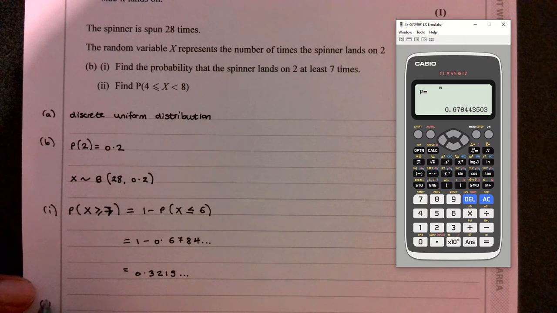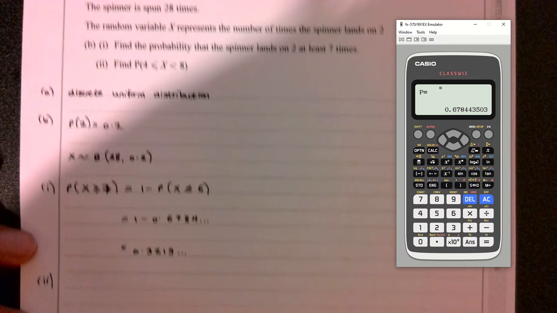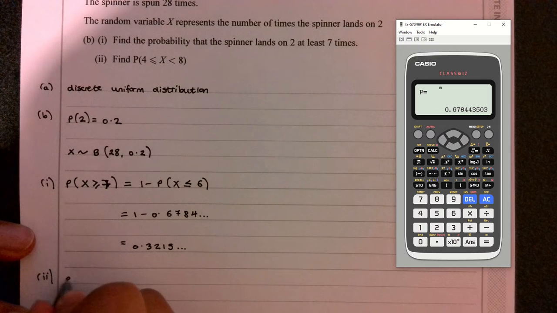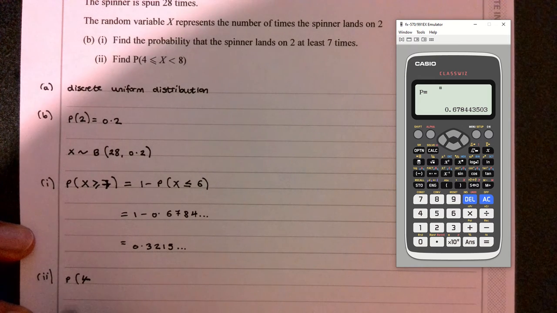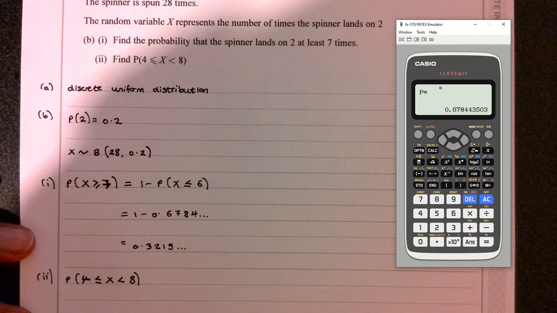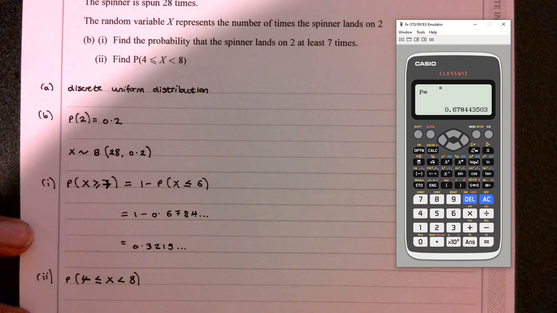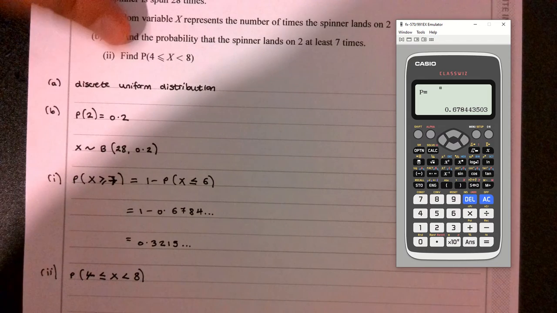And for the next part, we have to find the probability of x being greater or equal to 4 but less than 8. The way we can do this is, over here, I'll do this in a different color.